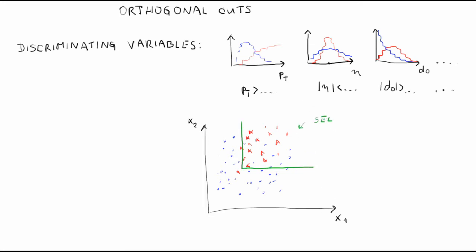The optimization of cuts can be done, for example, with the Monte Carlo events by maximizing the expected significance, or just S over square root of B. You can do it in ROOT with the TMVA toolkit.